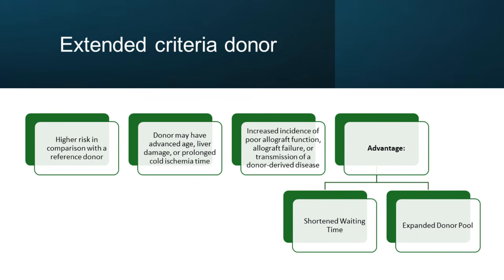The patient may be on inotropes at the time when you have retrieved the liver. So all these are high-risk criteria, but you can take them. What happens then is that the waiting list gets shortened and you have a larger donor pool. Otherwise you're too restricted with the number of potential donors.